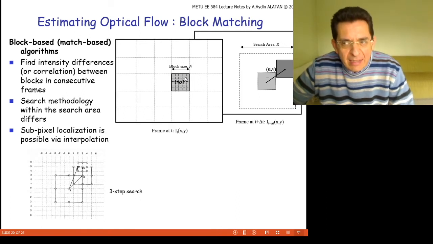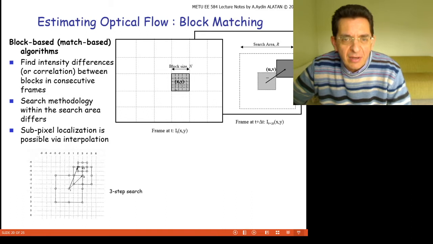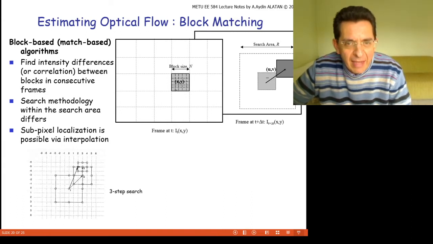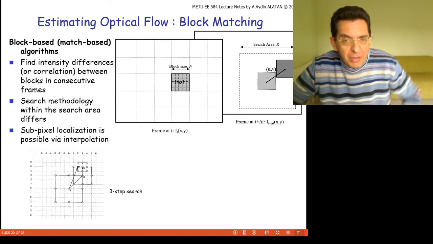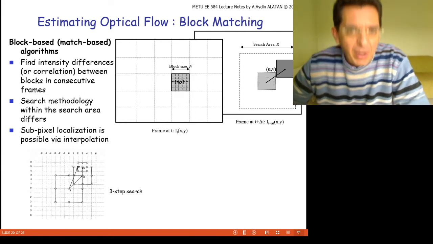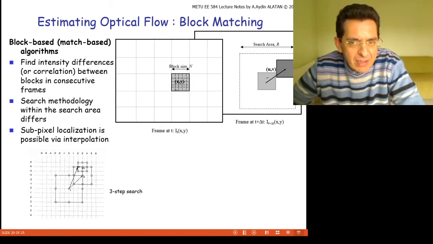Nevertheless, it's a very fundamental technique, which is matching a template and looking for an equivalent or similar one of the template in the next frame. It's computationally intensive but hardware friendly, because at the end we are simply doing pixel differencing and absolute or square summing. Therefore there should be a search space defined and a block size defined.